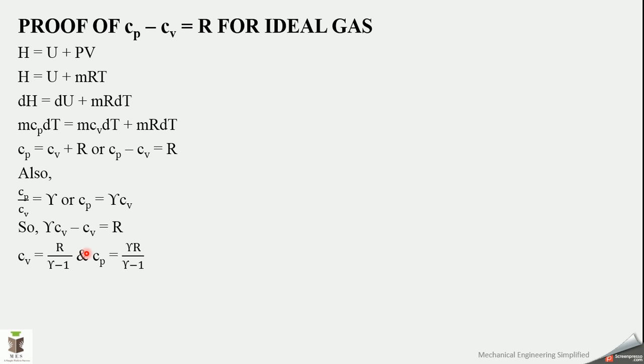These are very important expressions, used while solving many numericals in thermodynamics. So please make a note that Cv is equal to R upon gamma minus 1, Cp is equal to gamma R upon gamma minus 1, and Cp minus Cv is equal to R. All these expressions are valid only for ideal gas.